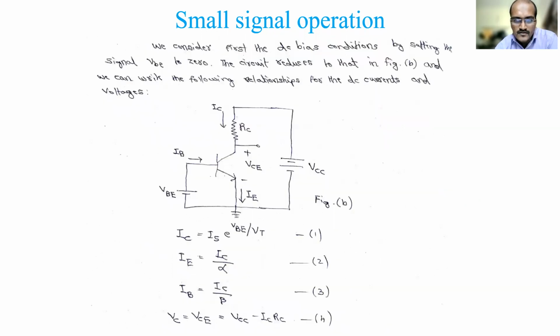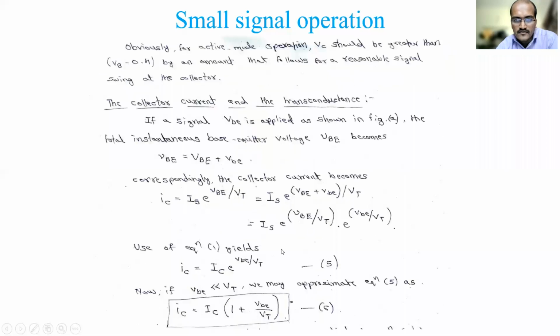The capital IC is the DC biasing collector current, equal to IS into e to the power VBE by VT. Here I am substituting that, and I got 2 terms. This one is a DC term, which I replace by capital IC from equation 1. What remains is iC as it is, with e to the power vbe by VT written over here. This complete term I have replaced by capital IC, and I call it equation 5.